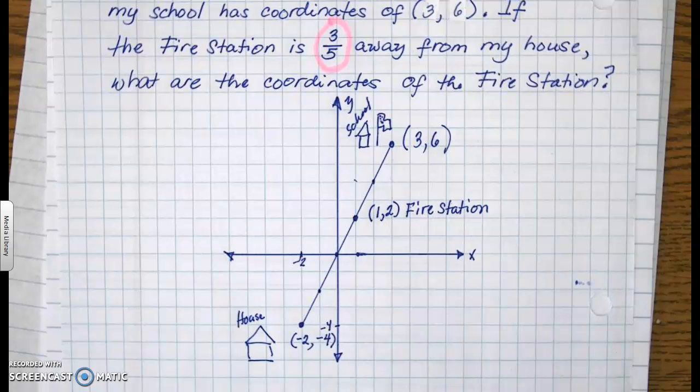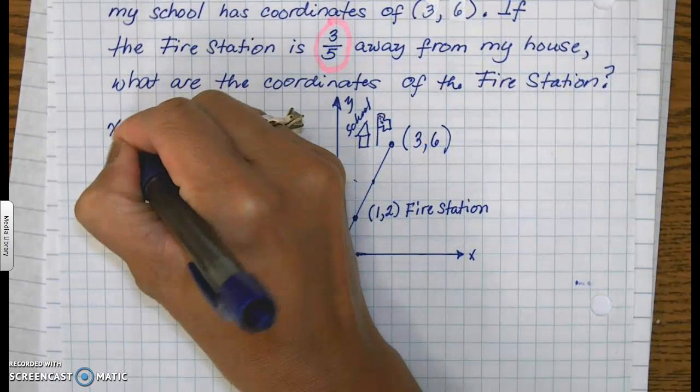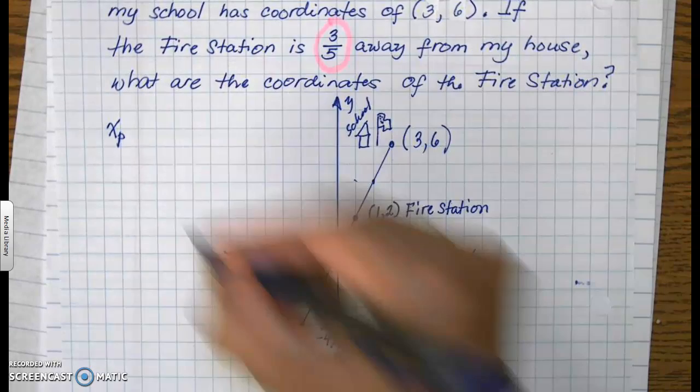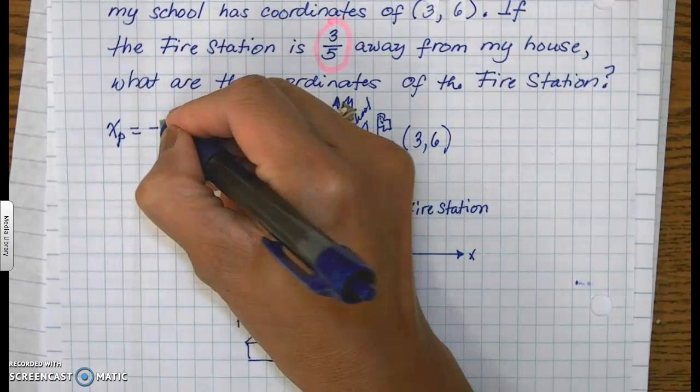Now our next task is to solve for how we get the 1 and the 2. So it begins like this. You're going to do this twice. You're going to do the x value first, the x of the point, and you're going to start from your beginning point. The beginning x is a -2.